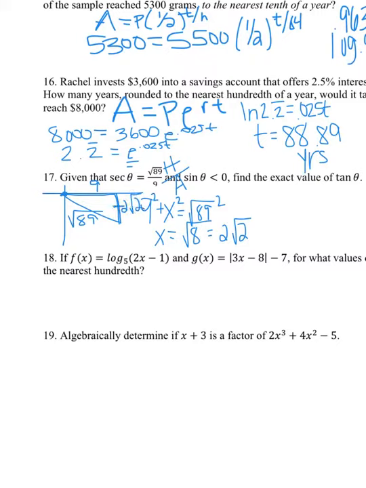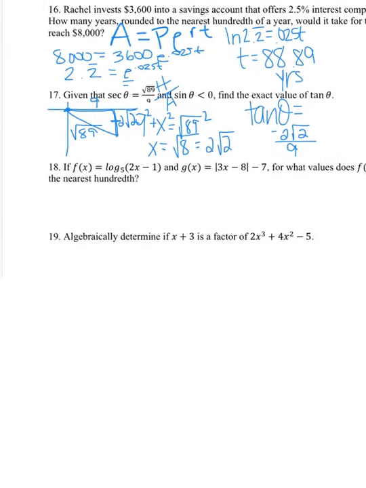But it is negative because you head down. So it's negative 2 rad 2. So find the exact value of tangent. The tangent of theta is the opposite, which is this, divided by the adjacent, which is 9. On your paper, if you had negative square root of 8 over 9, your answer is correct. It's just not in simplest form. It doesn't say anything about simplest form, so that would be marked correct on your exams.